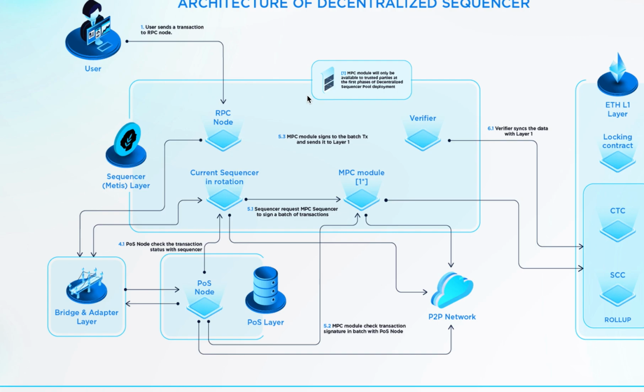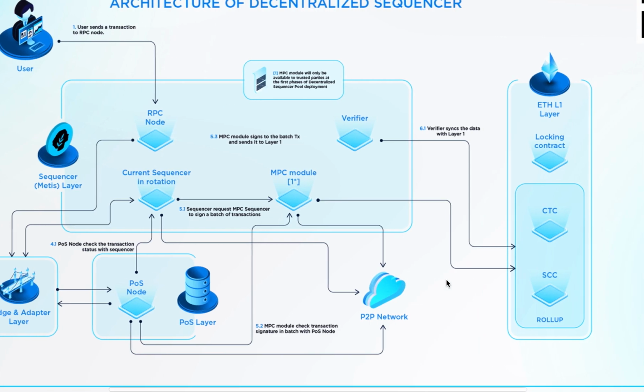Now, the P2P network, which is the peer-to-peer network, is responsible for sharing transaction data between nodes. It ensures that all nodes have access to the latest information. The P2P network also adds redundancy and security to the process, and it ensures that the network is more resilient to attacks or faults.